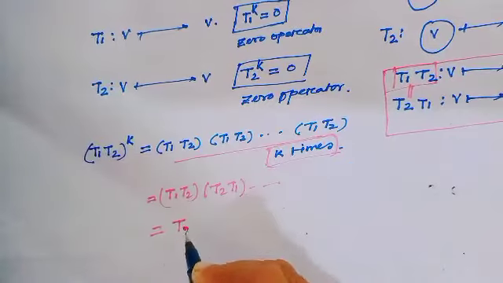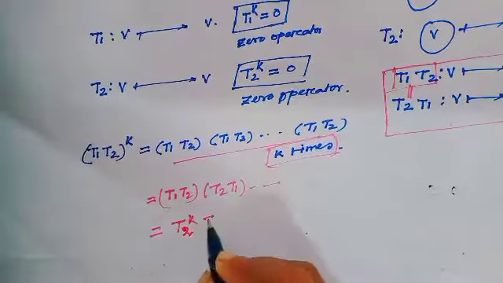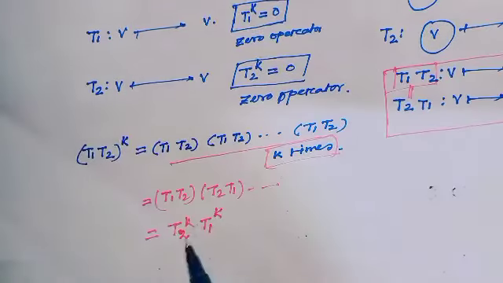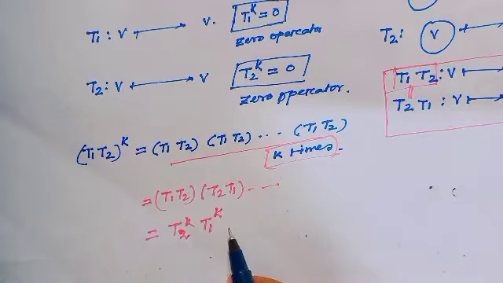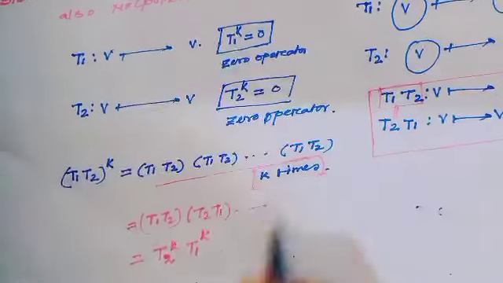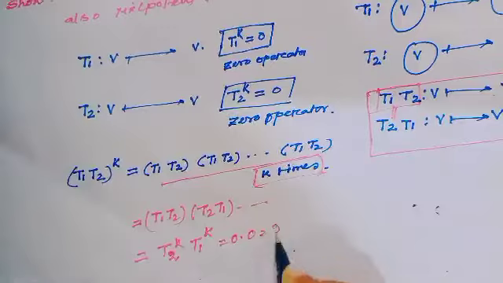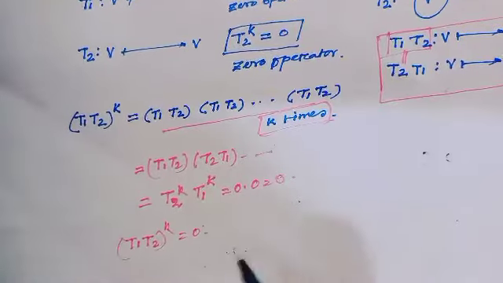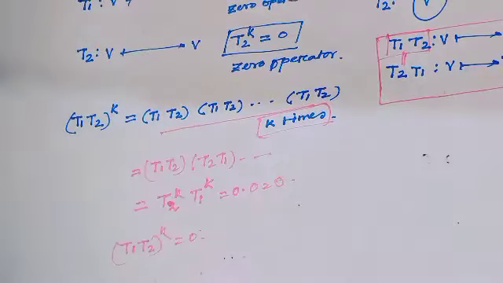We can bring all T2 to the right hand side. Also we can bring all T1 to one side. Then this would be T2 to the power k times T1 to the power k. And since T1 to the power k equal to 0 operator and T2 to the power k equal to 0 operator, this is equal to 0 times 0 equal to 0. Therefore, T1 T2 to the power k equal to 0 operator when both T1 and T2 commute. Okay? Are you getting?